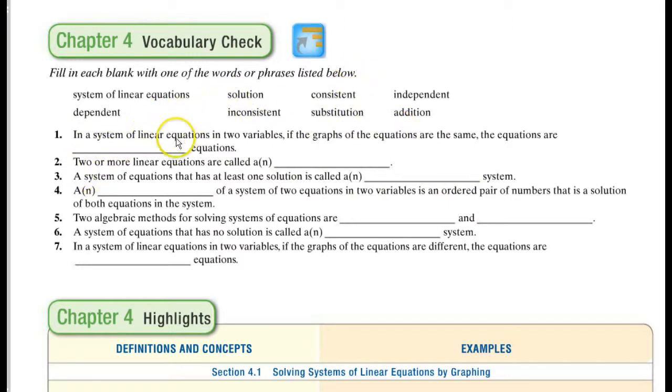In a system of linear equations in 2 variables, if the graph of the equations are the same, the equations are which one here? Well, because the equations are the same, I think we're looking at the word here that they are dependent.